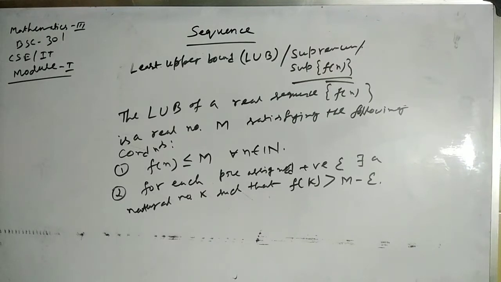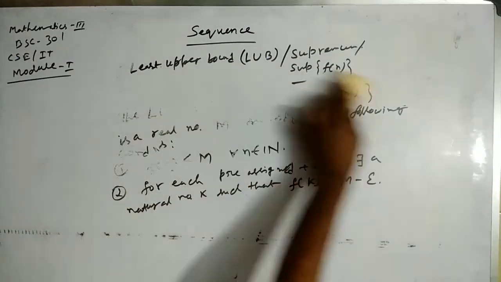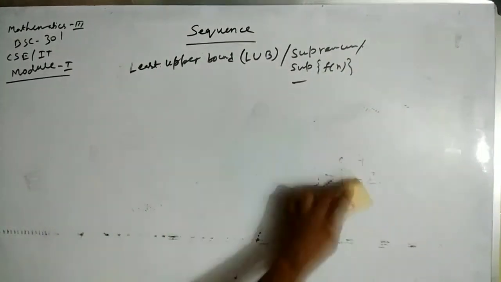Similarly, as we have studied the lower bound, there may exist the greatest lower bound. Okay, so least upper bound and greatest lower bound. Now I will tell you the definition of greatest lower bound.